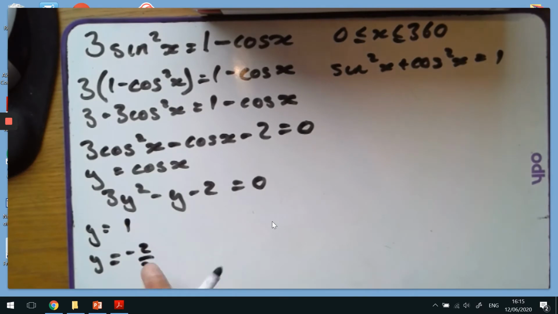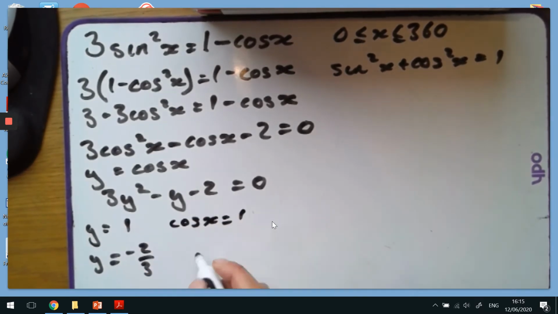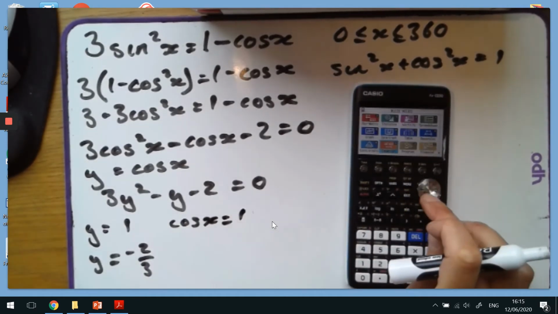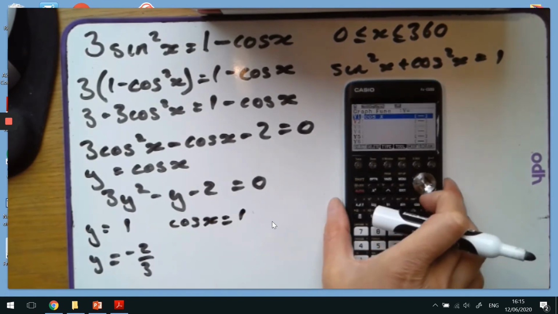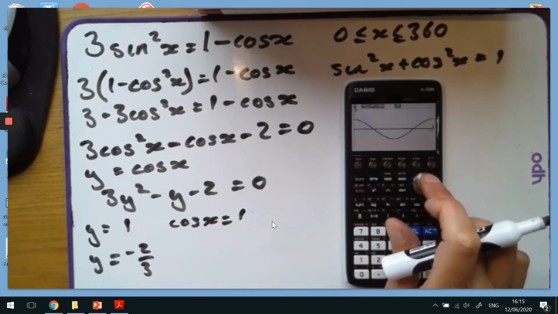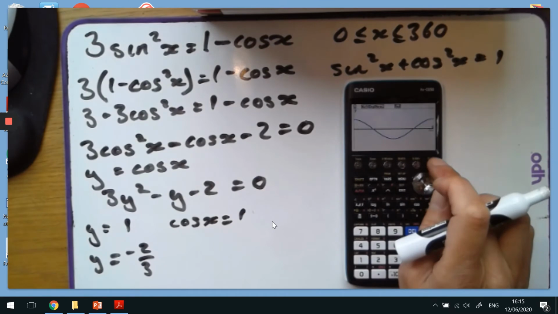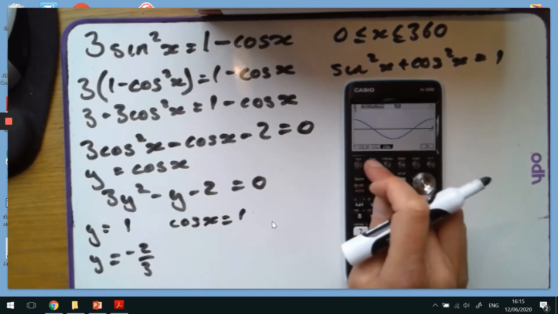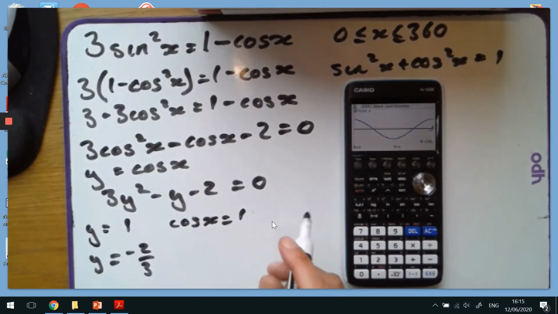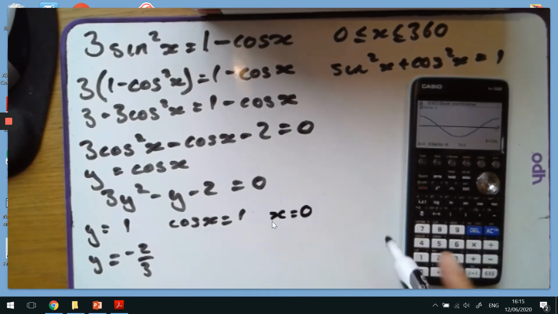So obviously y is cos of x, so cos of x equals 1. So I'm going to draw my cos of x between 0 and 360. I think that's already set to that, 0 to 360. And I'm going to do a G-solve based on 1. I think really probably something that we wouldn't have needed to do. We know this answer.